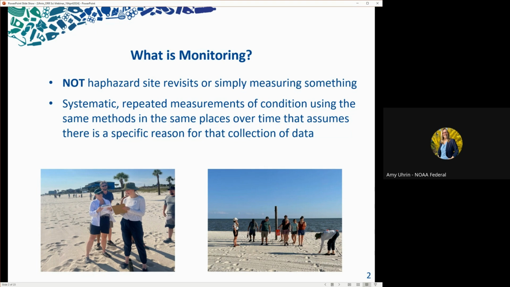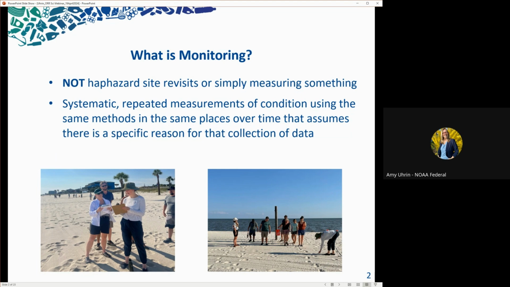It's not selecting sites haphazardly that are sampled irregularly, and during which time some variable gets measured. This sort of activity falls under what would be like a simple status report. What's there? We went out, we measured things, here's what was there. But there's no real intent to estimate a change or the condition of the variables that you're measuring.